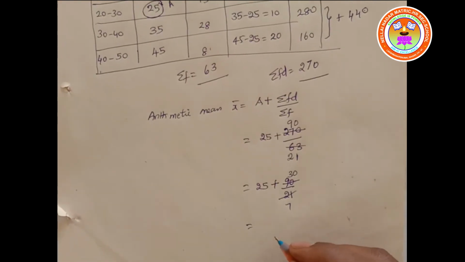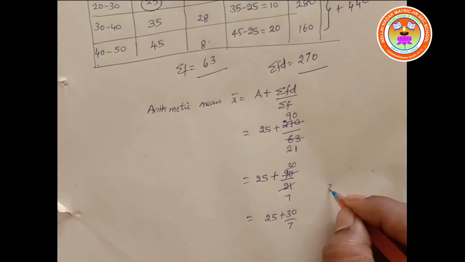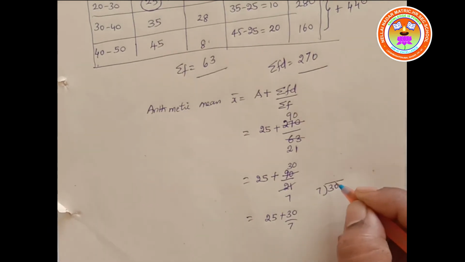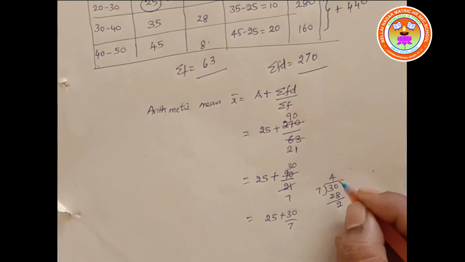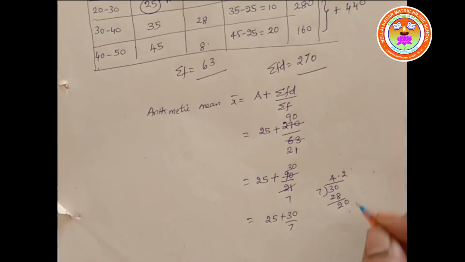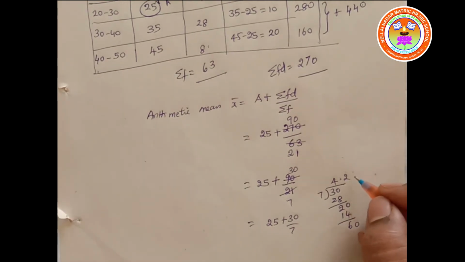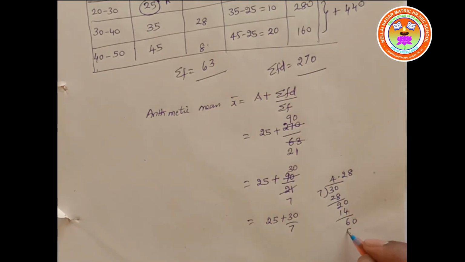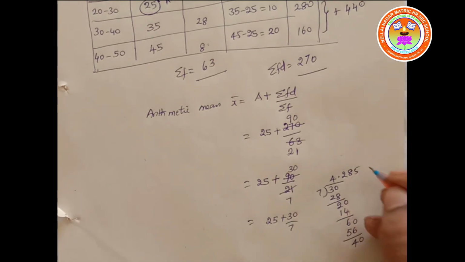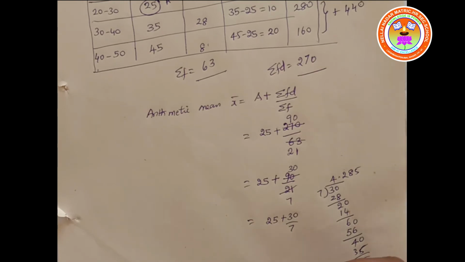That is equal to 25 plus 30 divided by 7. 7 4s are 28, carry 2, 0; 7 2s are 14; 7 8s are 56, carry 4; 7 5s are 35, balance 5.